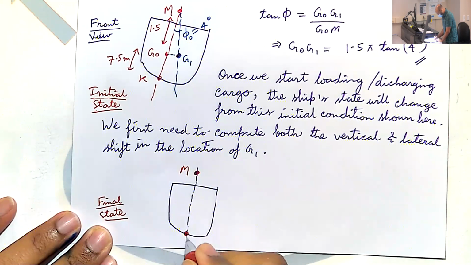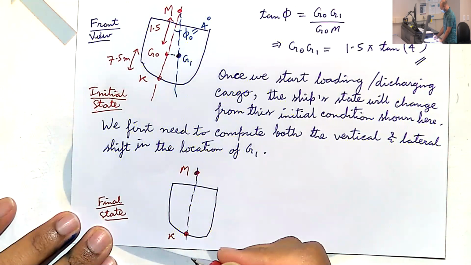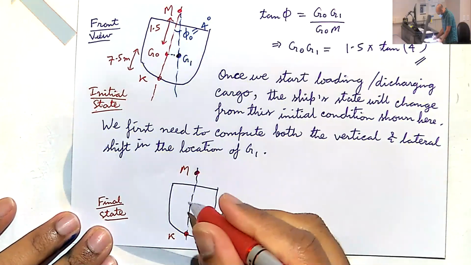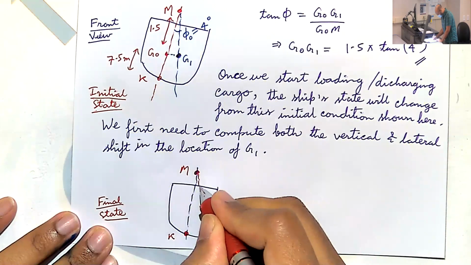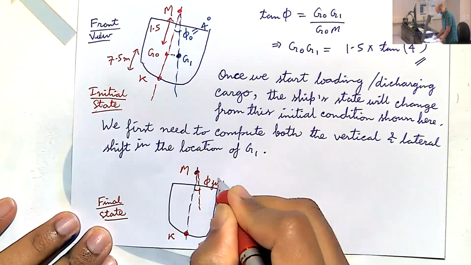We're told so in the problem. And let's say the final tilt angle is phi final. We don't know what it is right now.